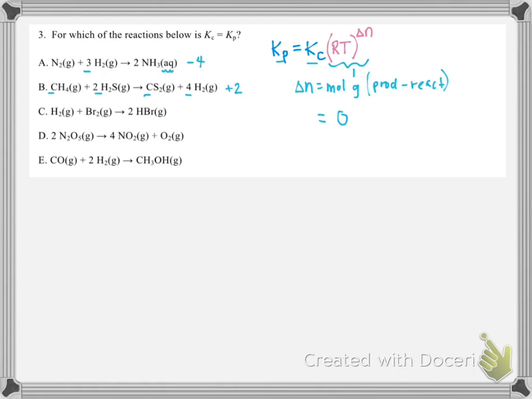In C, we have 2 moles of gas becoming 2 moles of gas, so our delta n is 0 here. In D, we have 2 moles of gas, and we make a total of 5 moles of gas, so this would be +3. And in E, we have 3 moles of gas becoming 1 mole of gas, so this would be a -2 delta n. And so the answer choice here would be C.